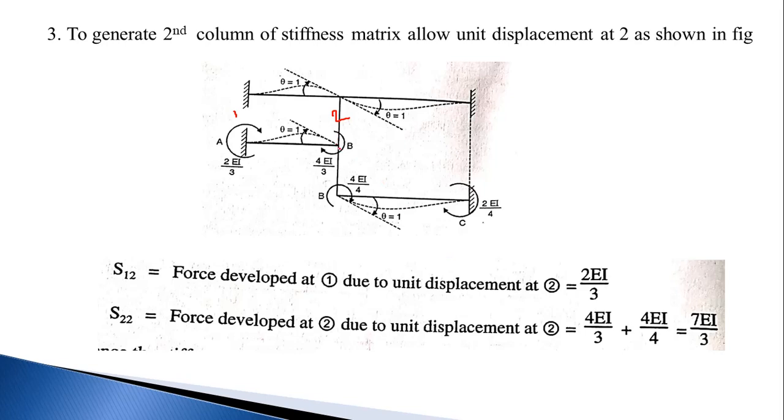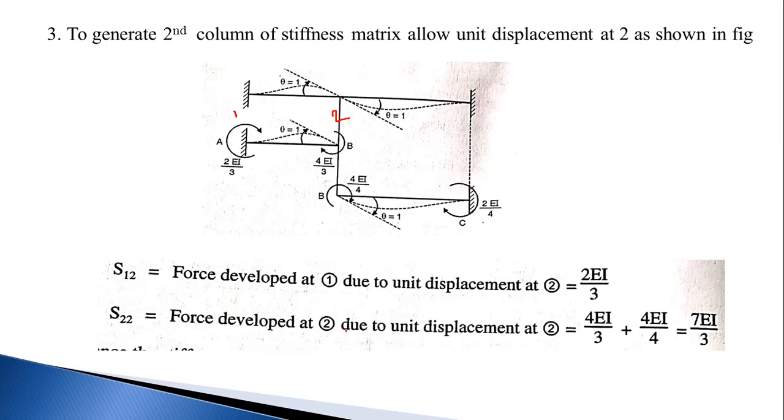This is coordinate number 2, and coordinate number 2 is between A and C. Means due to this unit displacement at B, the deflection occurs in the AB part and the BC part also. So it becomes two parts, that is first one is 4 EI by L for this BC and 4 EI by L for that AB.